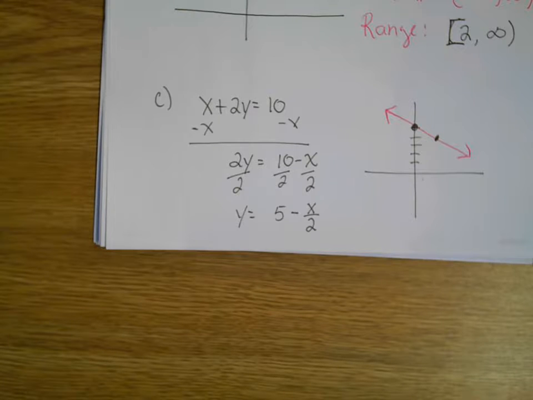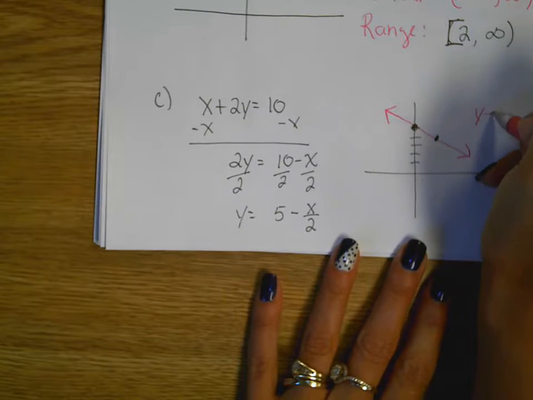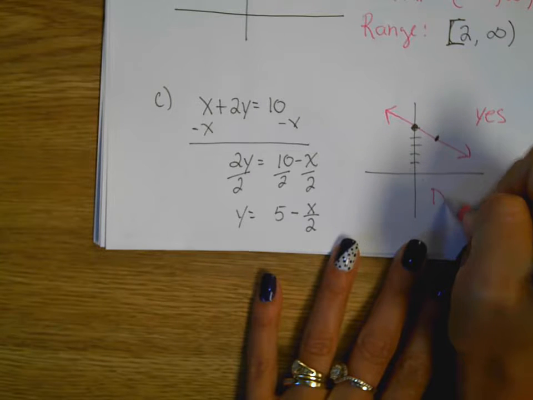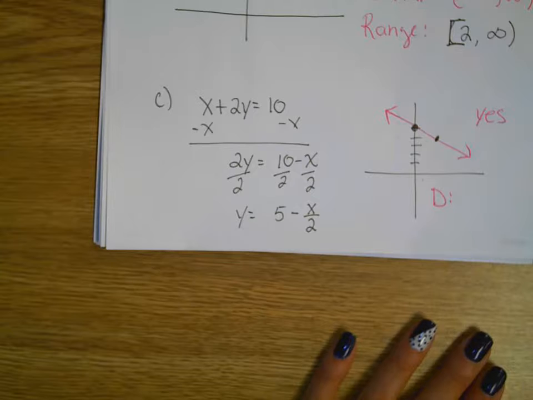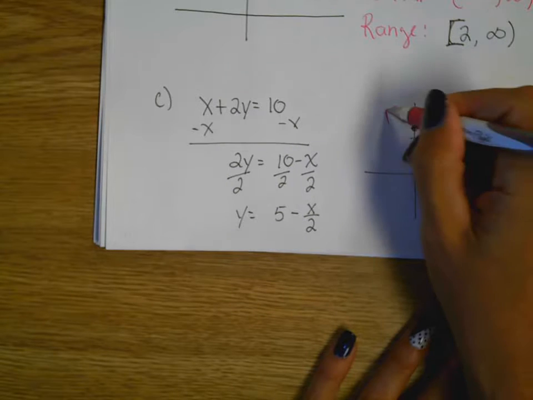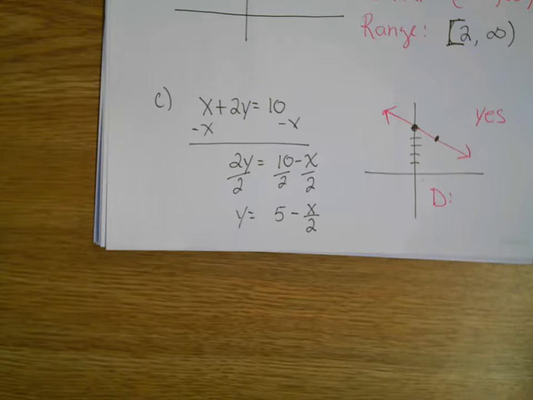So now we can ask the question, is it a function? Lexi, is it a function? Yes, function. Domain. Left to right. This arrow, even though it's going to keep getting higher, is going to keep taking me to the left and higher, left and higher, left.